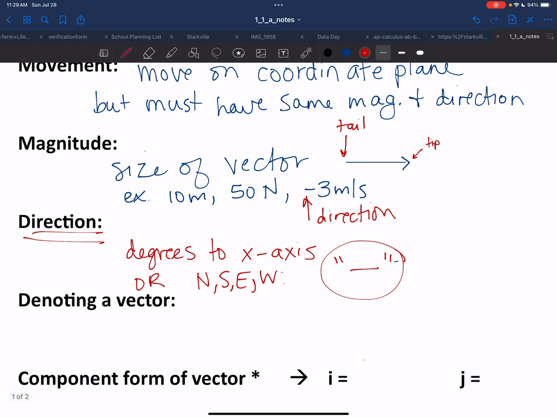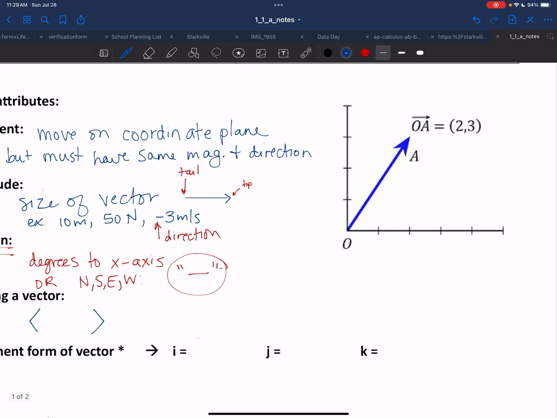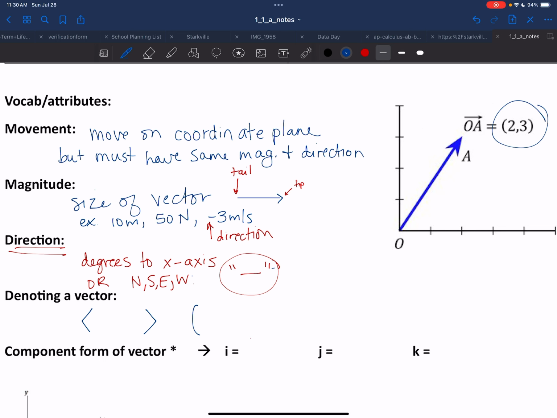All right, denoting a vector. When we write down a vector, typically we write it in brackets. So just like we would a coordinate. So let's look at this particular one right here. Okay, do you see where it's 2, 3? You can also write it that way as well.